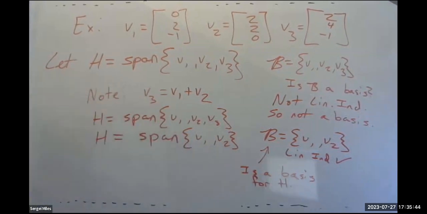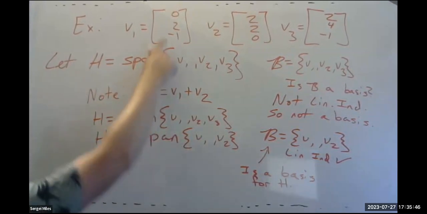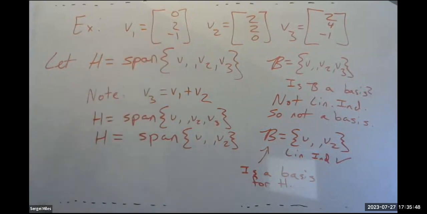Okay, so what are some things we can say about this? Well, first of all, these vectors V1 and V2 are inside of R3. So the possible combinations you can get from V1 and V2 are also in R3. H is a subspace of R3.